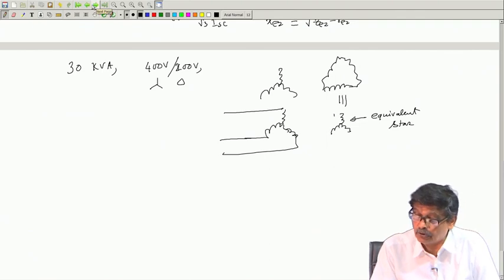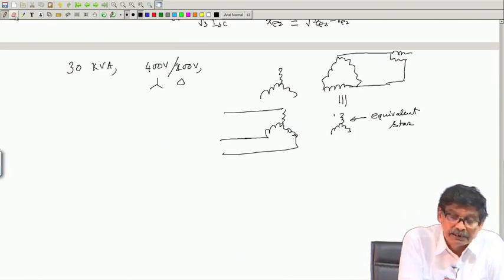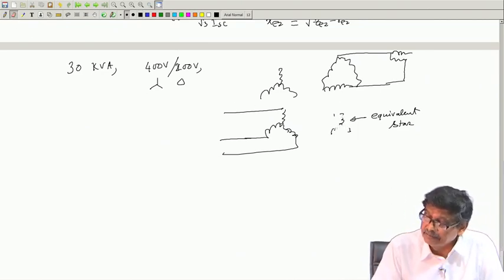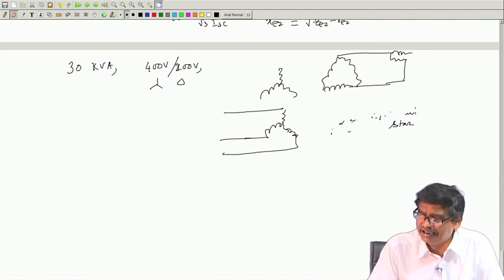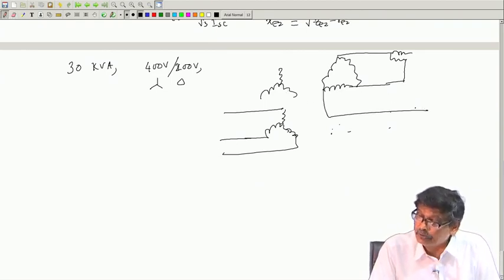Suppose I carry out the no load test, what do I do? This is your actual transformer, I will connect 2 wattmeters here. Let me slightly clean this. Try to get the idea, it is in fact not needed so much pointing out, but it should be understood what we are doing.